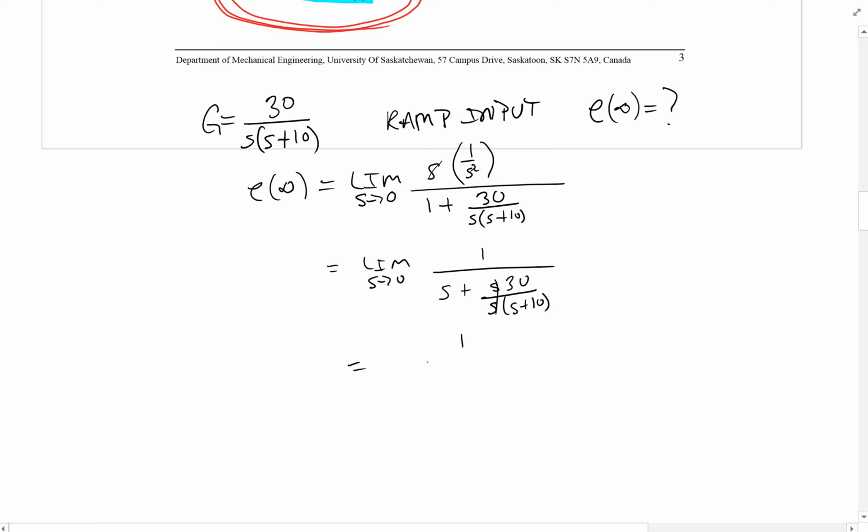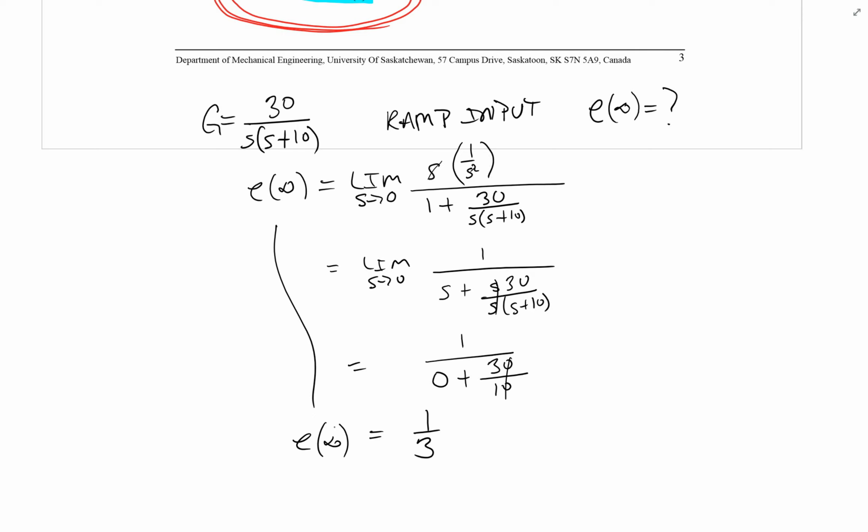What I end up with is 1 over 0 plus 30 divided by 10. Okay. Rearranging that just a little bit, dropping this out, inverting, I end up with 1/3 is equal to the e at infinity.